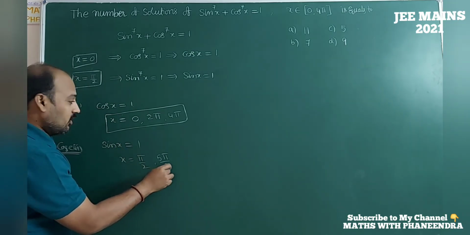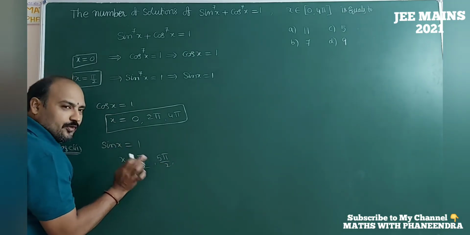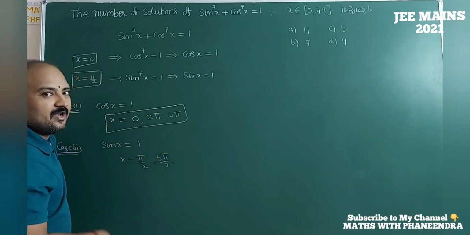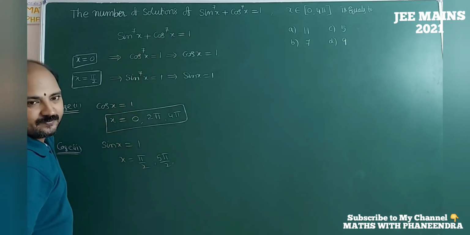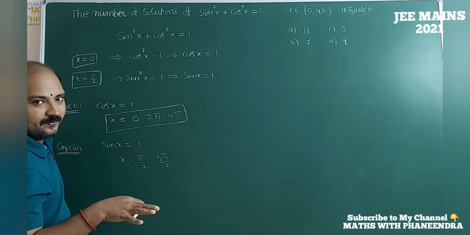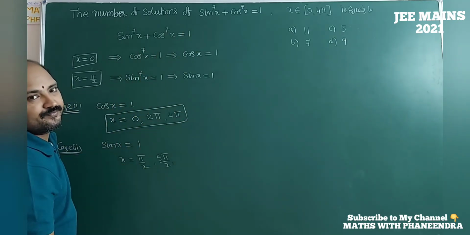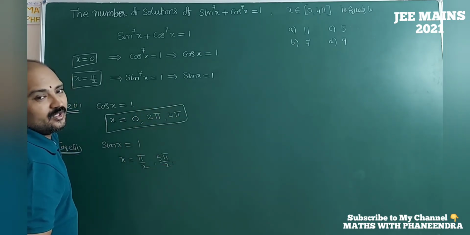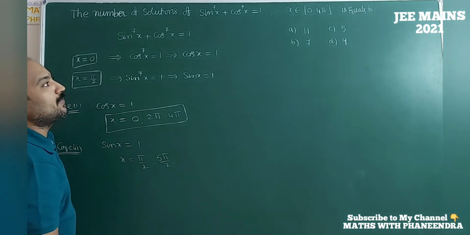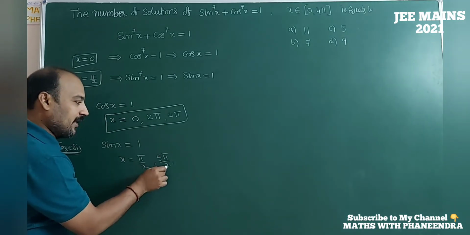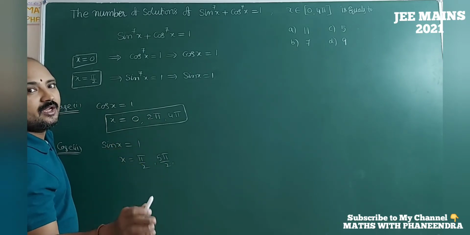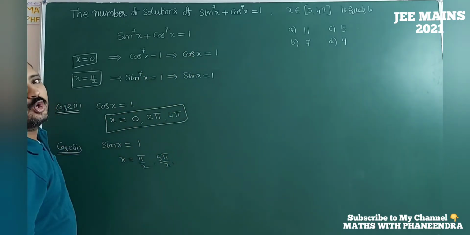It is coming. Next, if you observe, between pi by 2 and 5 pi by 2, a 4 pi by 2 difference is there. Next to that, 9 pi by 2 will come. 9 pi by 2 is more than 4 pi. So it does not belong to the closed interval 0 to 4 pi.